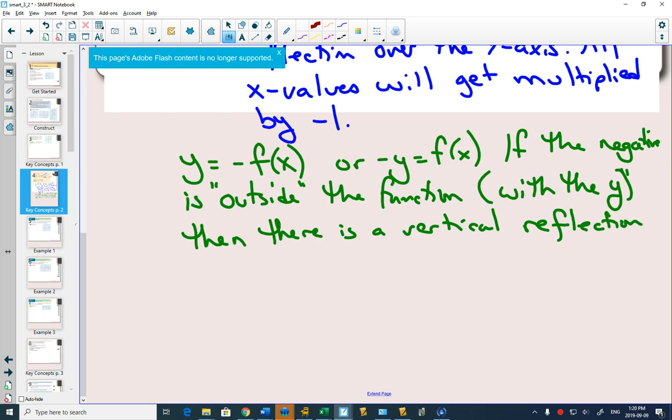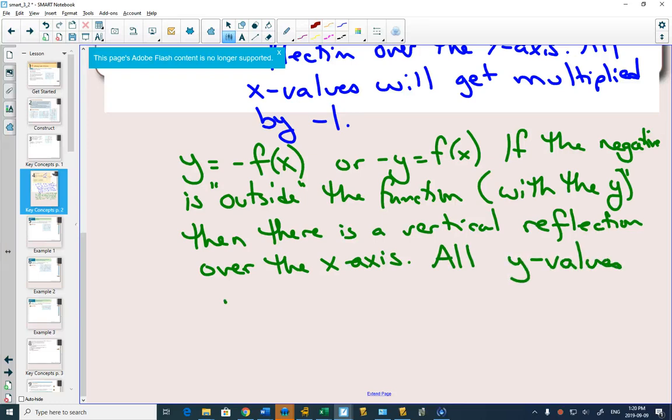And that reflection is over the x-axis. What happens algebraically then is all our y values are multiplied by a -1.